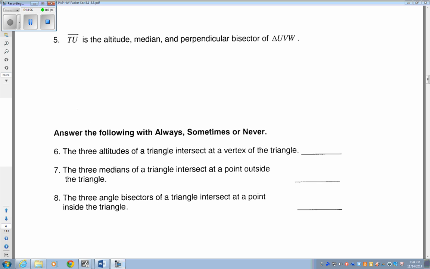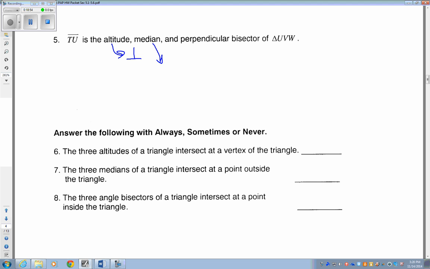Okay? So on number 5, just make sure we understand the special segments. We're going to draw TU as an altitude, median, and perpendicular bisector of the triangle UVW. So an altitude, what makes an altitude special? What is it going to do? Perpendicular, 90 degrees from a side to a vertex.